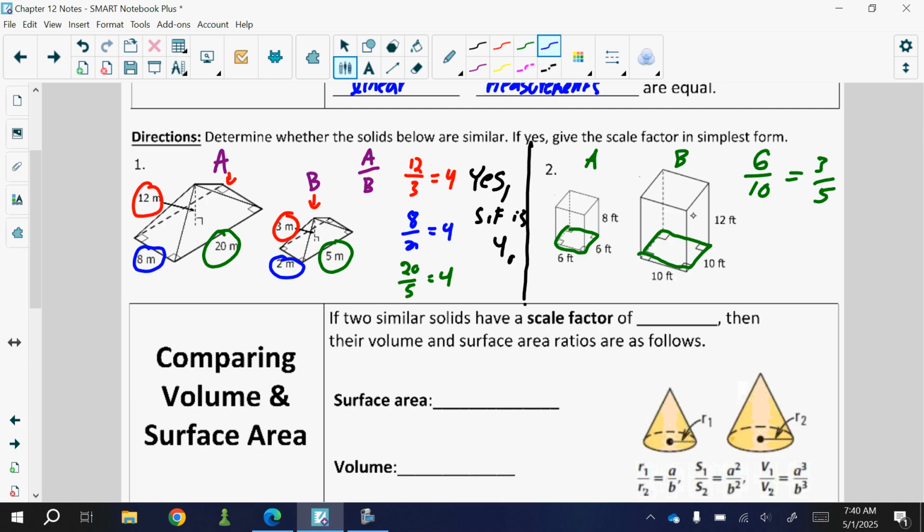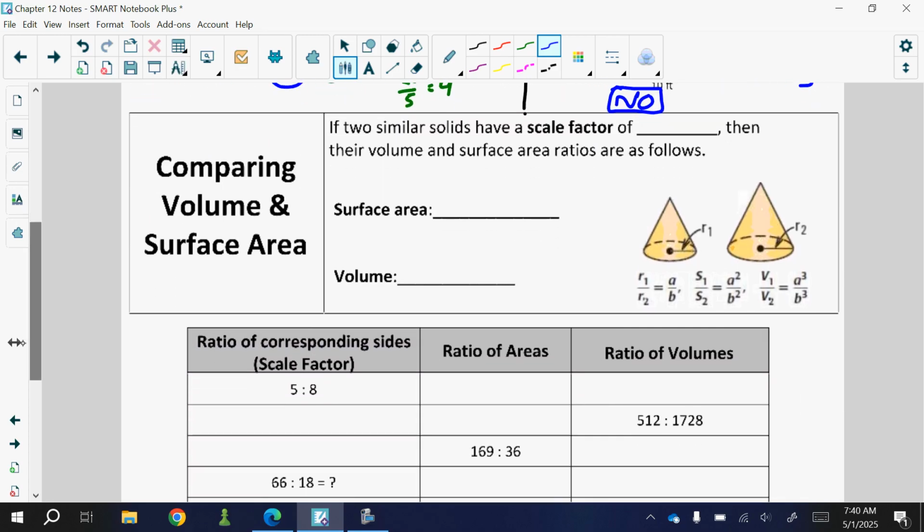Now let's take a look at 8 over 12. And 8 over 12 simplifies to 2 over 3. So no, these are not similar solids. Their scale factors for corresponding sides are not the same.